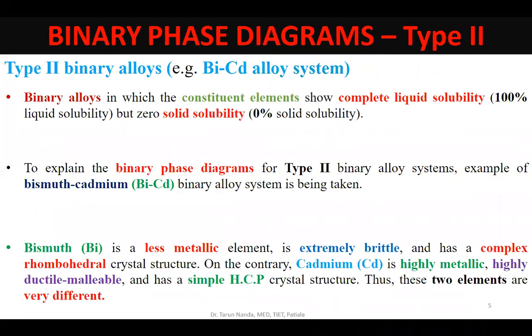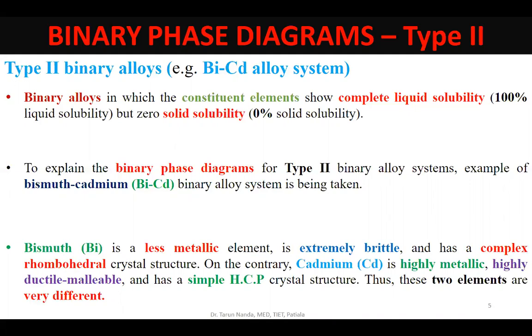Then as I said, we are taking the example of bismuth and cadmium to explain the type 2 systems to you. A while ago I said that most of the Hume-Rothery conditions are not met by material systems which belong to type 2. And what were the Hume-Rothery rules?